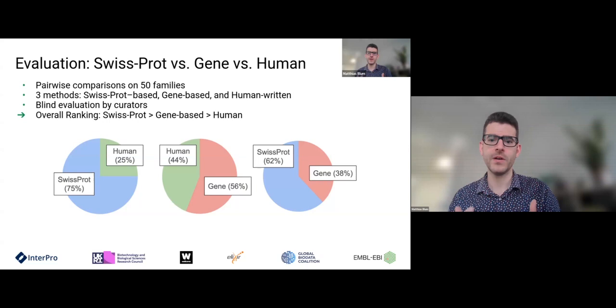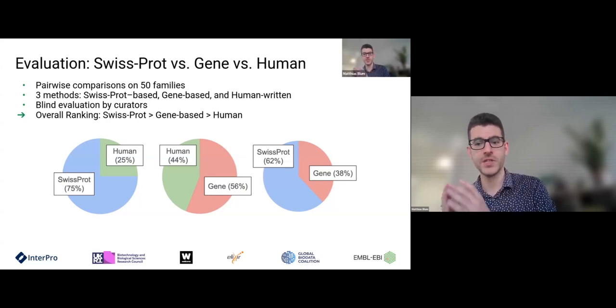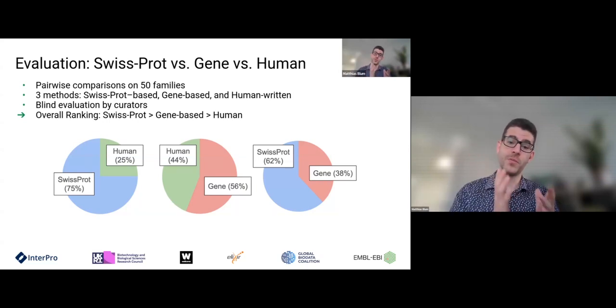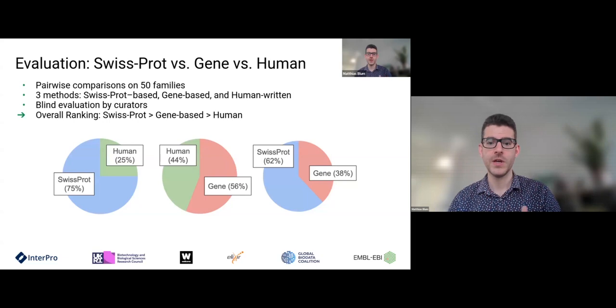So when comparing a description generated automatically using Swiss-Prot data with a description from the same family written by a curator, 75% of the time, curators prefer the one generated by LLM. When comparing a description generated automatically using LLMs, but using gene names, with a description generated by a curator, curators prefer the one generated using gene names, so the automatic one, 56% of the time.